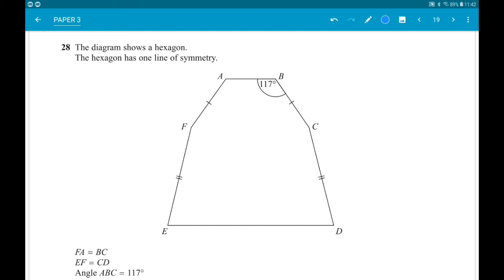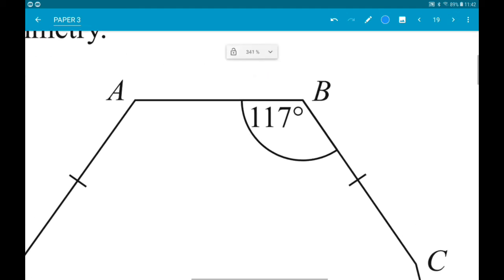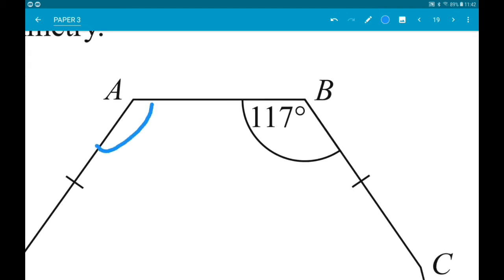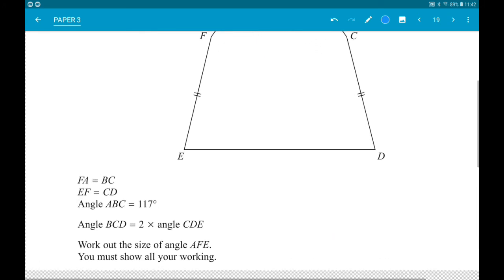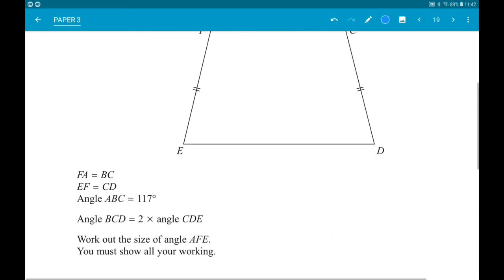So we have a hexagon with one line of symmetry straight down the middle. So straight away we can say that this angle is 117 degrees too. Now they tell us stuff we can see on the diagram, so I'm not going to bother reading it. What we can't see on the diagram is that angle BCD is 2 times angle CDE.